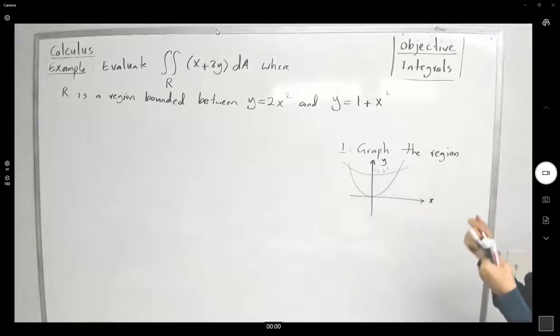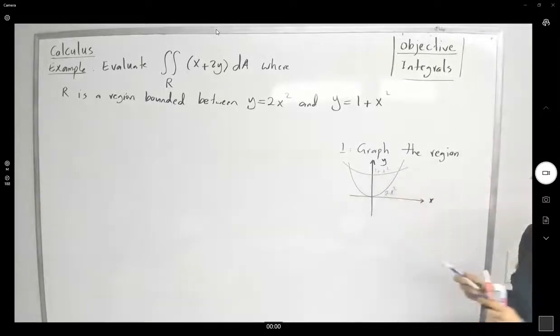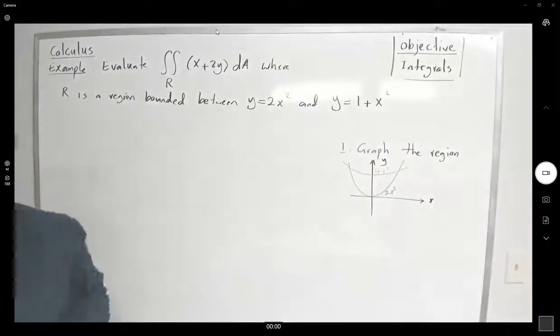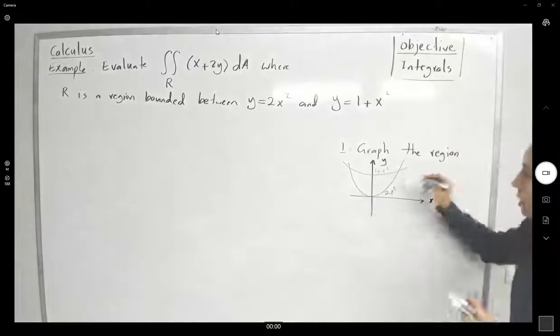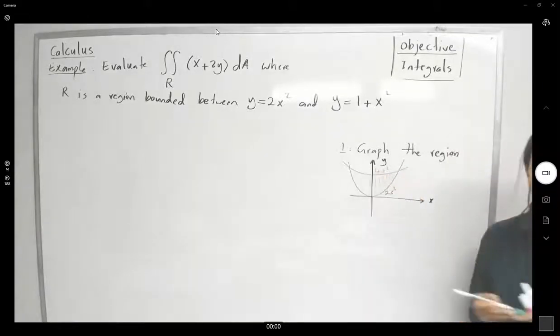And this is 2x squared. As you can see, your lower function, the minimum values are on 2x squared, and the maximum values are on 1 plus x squared.